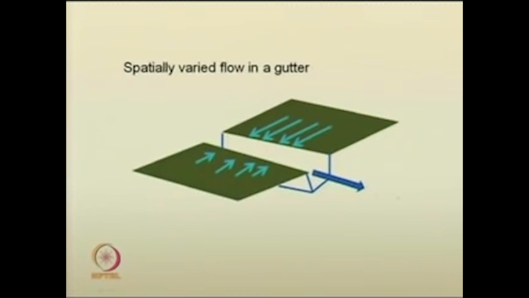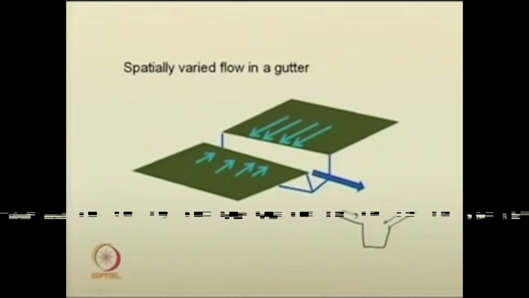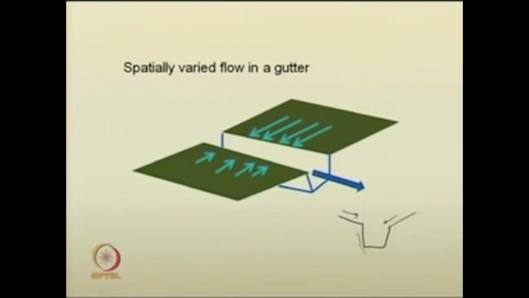The flow occurs in this main channel like that. It is also a spatially varied flow. You can imagine several types of flow. Here the cross section may be like this. Flow occurs in these directions and the channel cross section is of the following form.